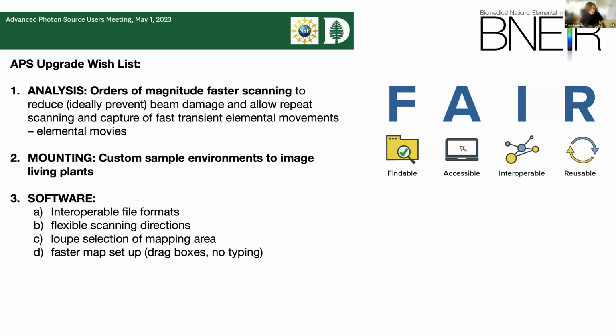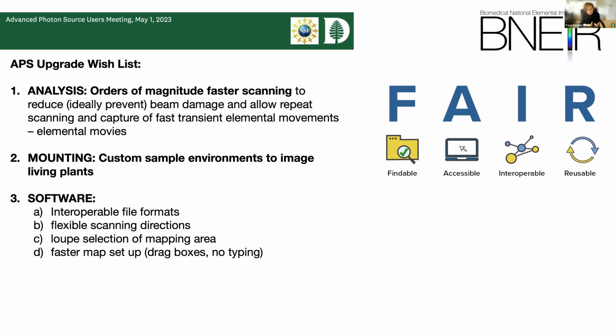You've got an entire year to realize my wish list. And that's basically what I've been saying: order of magnitude faster analysis, so that we can do repeat imaging on living tissues. I would really love to see custom sample environments and mounts that can accommodate living tissues, so that we can image living plants instead of dead or dying or sectioned or preserved tissue.